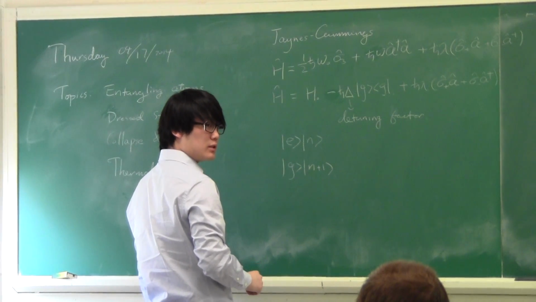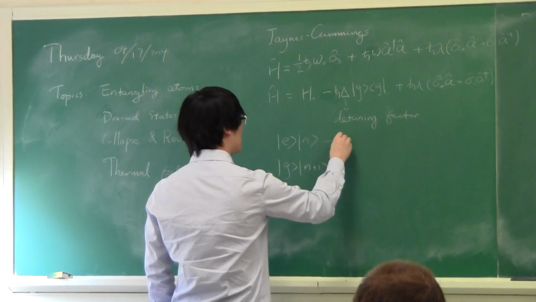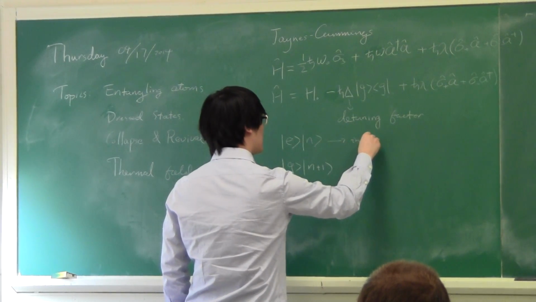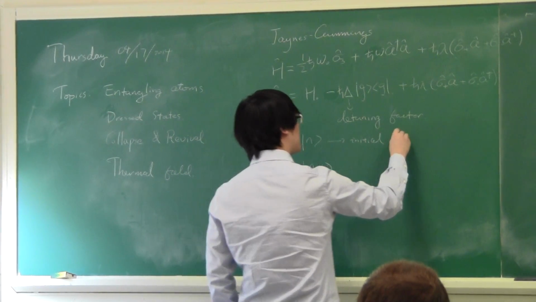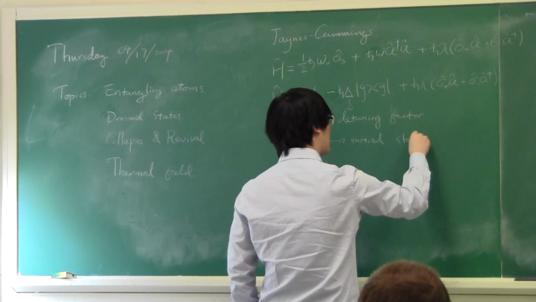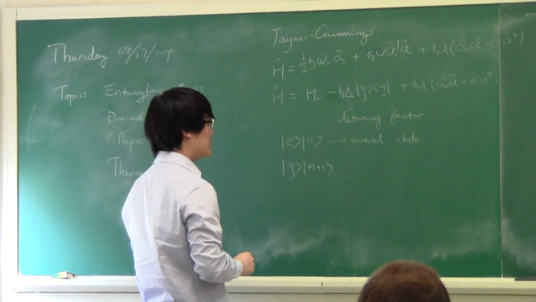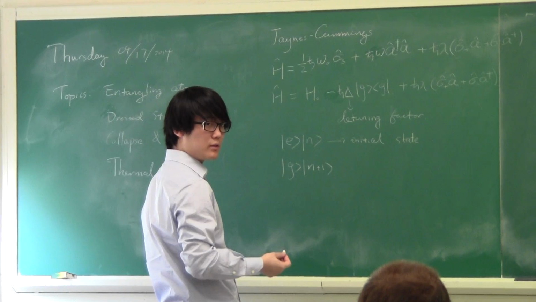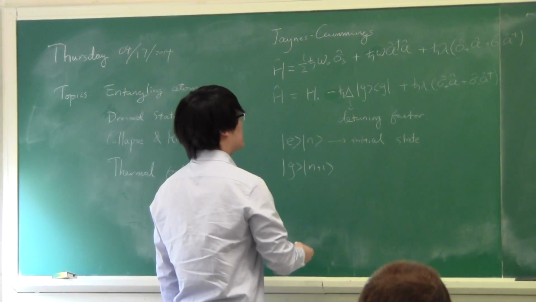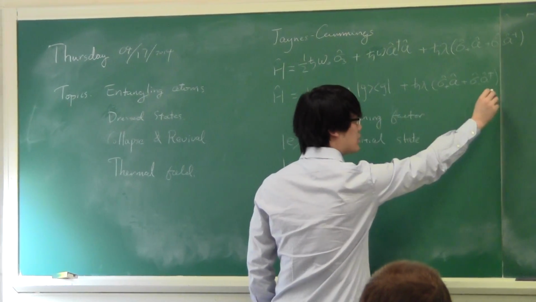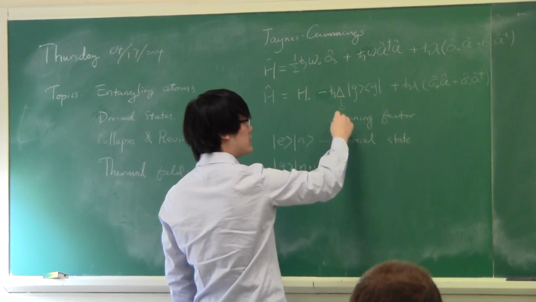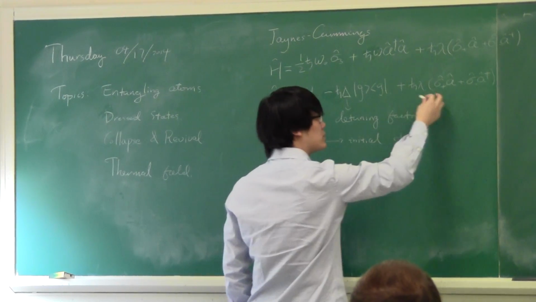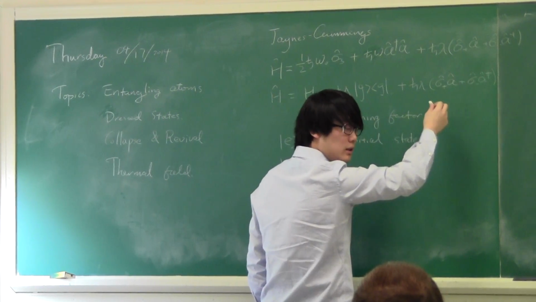And we considered the case where this is the initial state. We derived the interaction picture, which says that all you need is this part, and in the case of no detuning, this was the part that governs the time evolution.